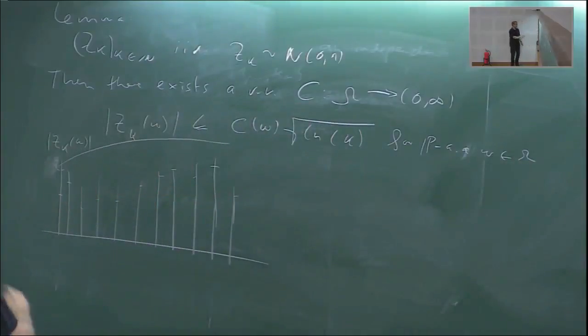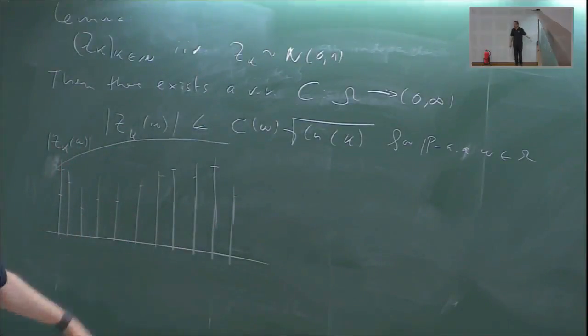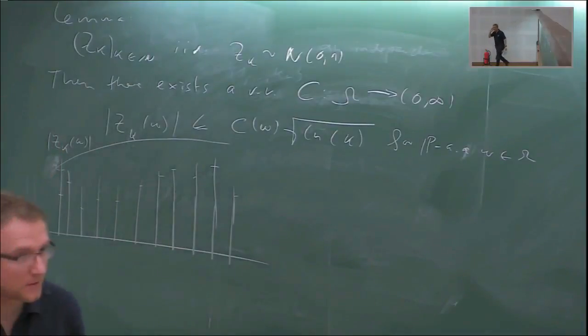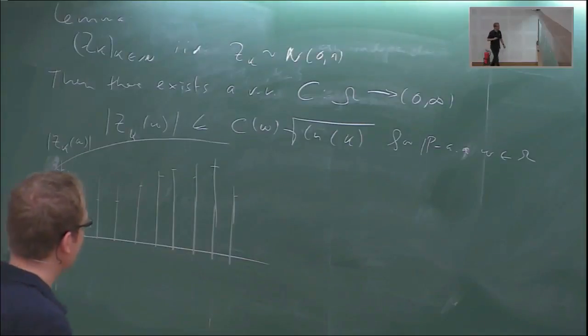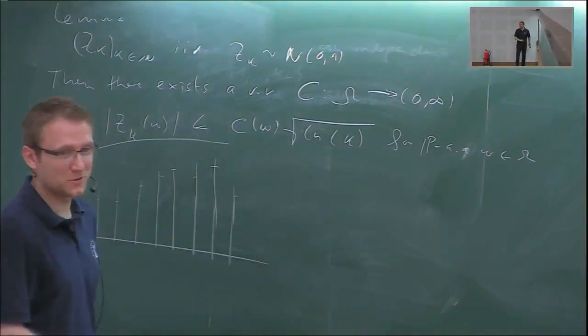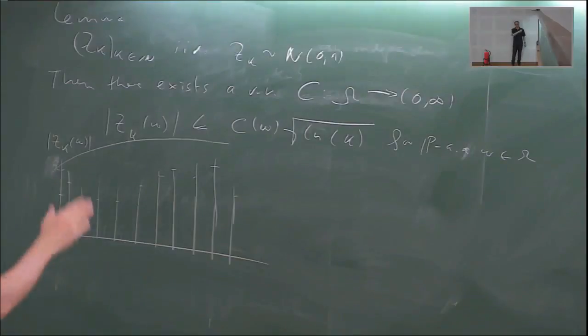Okay, so if we have a family of IID random variables which are standard normally distributed, and this is of course one of the cases which badly fails for other distributions. Almost all, without writing the omega, means almost surely. This means there is an event of probability 1, such that for all omegas in this event, this is true.